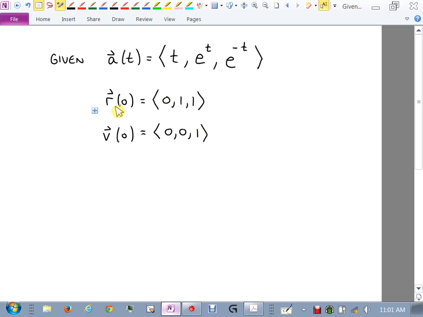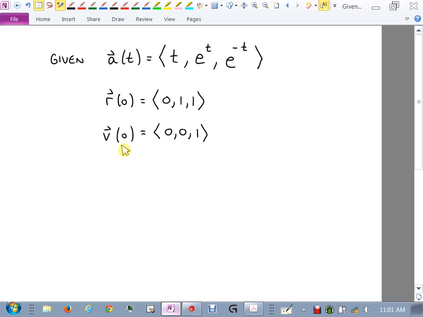Now, this is all my given information. I know the acceleration of the object at every moment in time. I know the position of the object, right? R is the position function. R of 0 is the position vector at time 0. So I know where this thing was at one point in time.